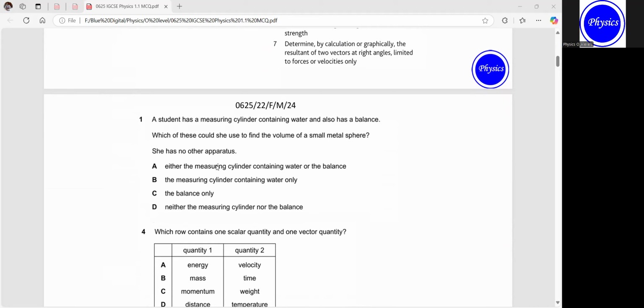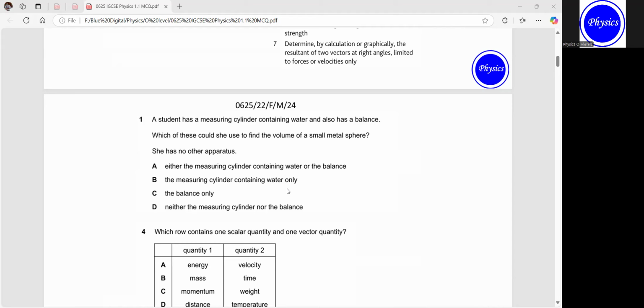Here, a student has a measuring cylinder containing water and also has a balance. Which of these could she use to find the volume of a small metal sphere? She has no other apparatus. So to find the volume of the given metal sphere, either using the measuring cylinder containing water or the balance.